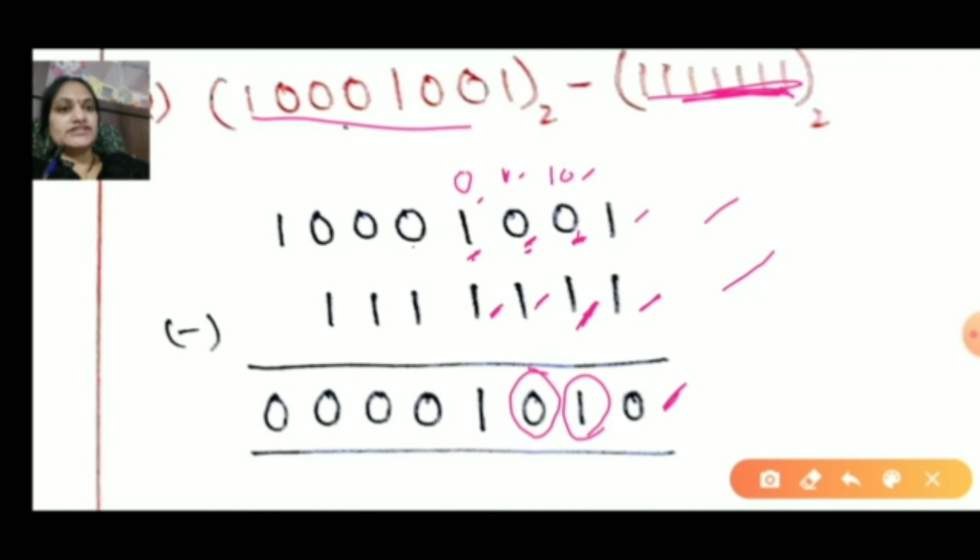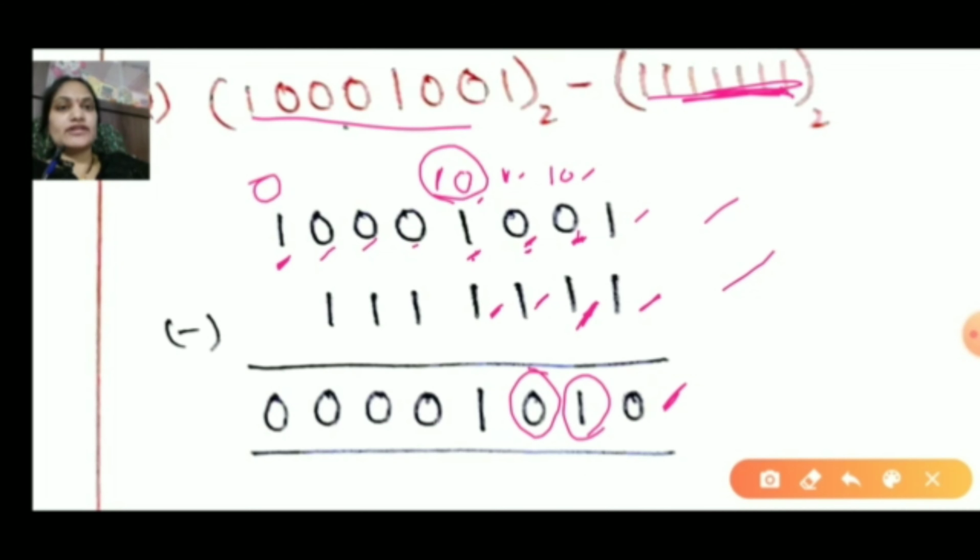So, this 0 cannot give borrow, this 0 cannot give borrow, this 0 cannot give borrow. But this 1 can give borrow. So, after taking borrow, this 0 becomes 10 and this 1 becomes 0.